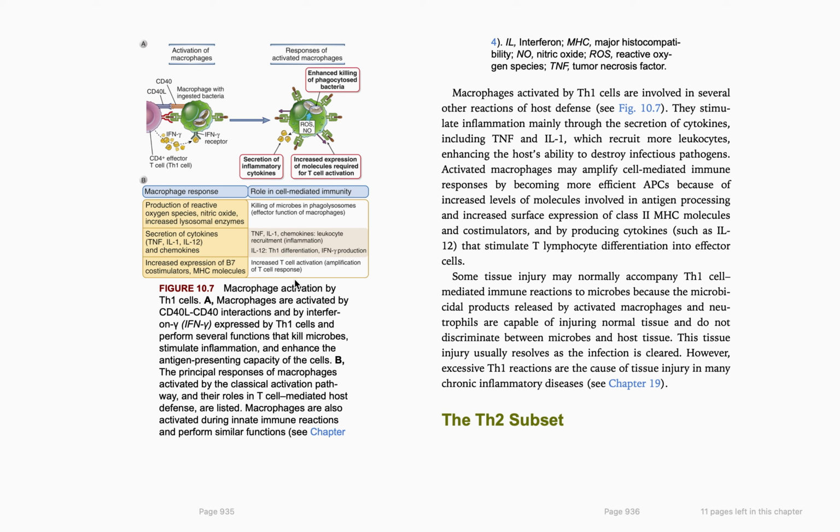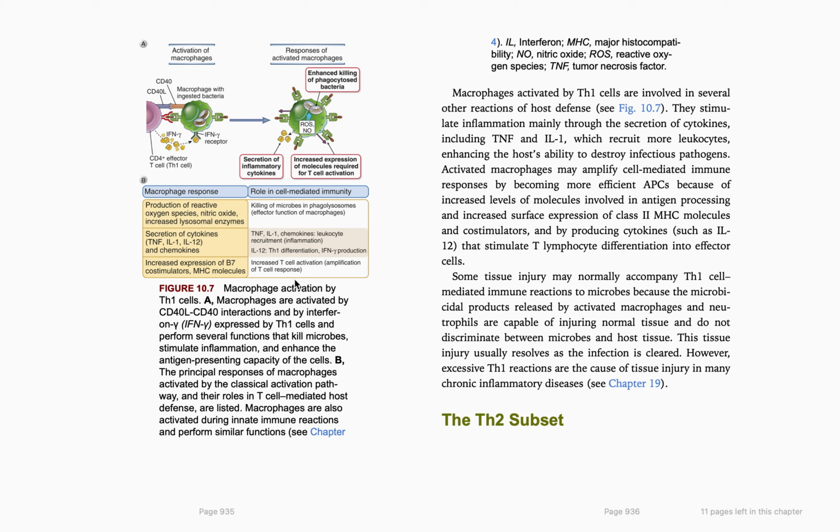Activated macrophages may amplify cell-mediated immune response by becoming more efficient antigen-presenting cells because of increased levels of molecules involved in antigen processing and increased surface expression of class 2 molecules and co-stimulators, and by producing cytokines such as interleukin 12 that stimulate T lymphocyte differentiation into effector cells.